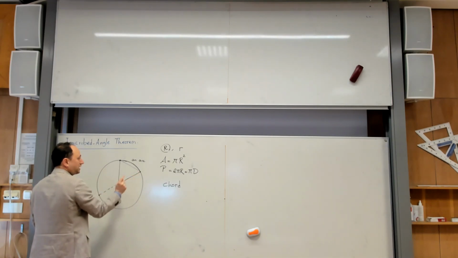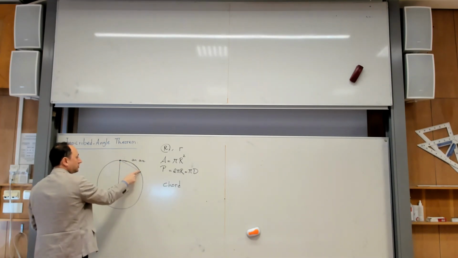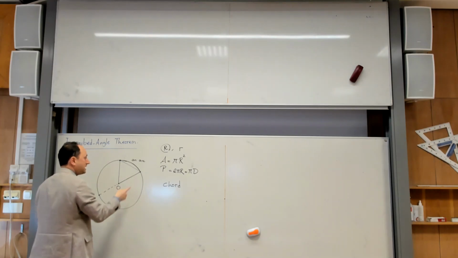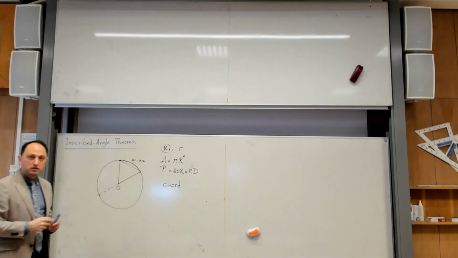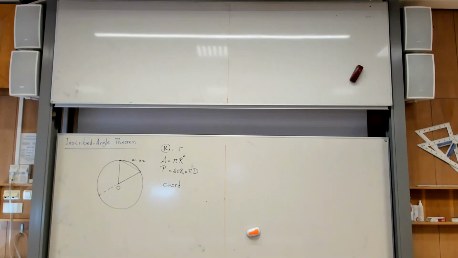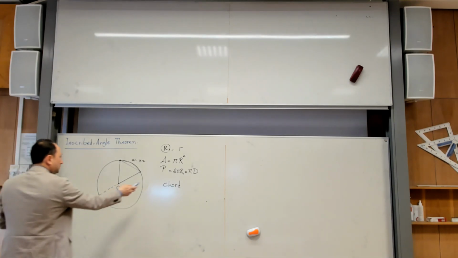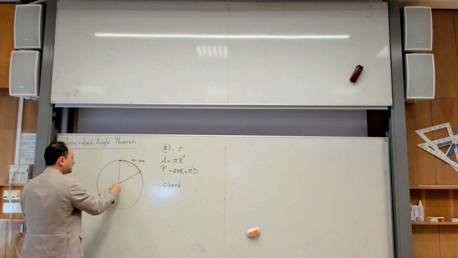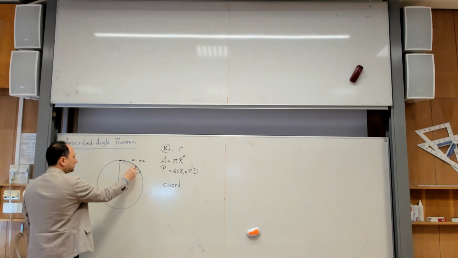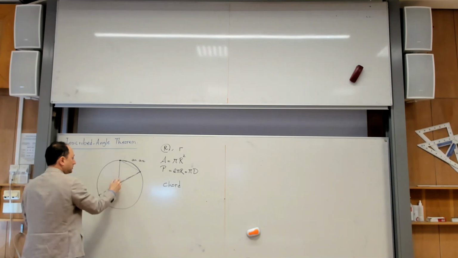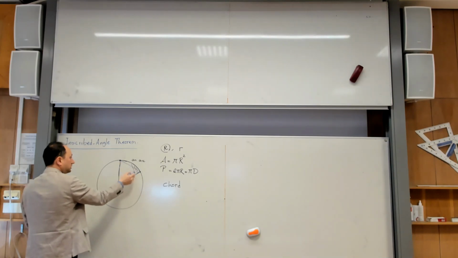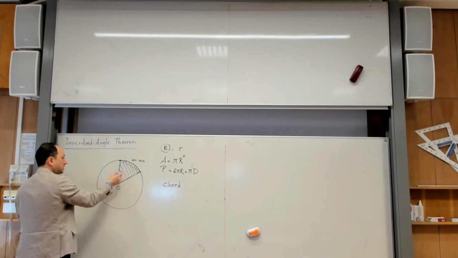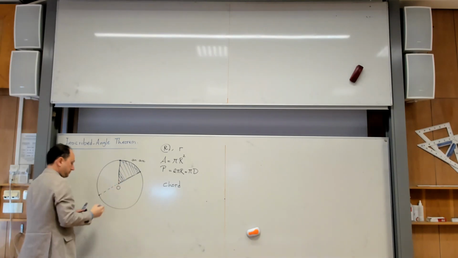If you consider an ant moving on the circle, the distance that the ant travels from this point to that point is the arc length between these two points. And if you consider the whole part here, this colored area, this is called a sector of the circle.